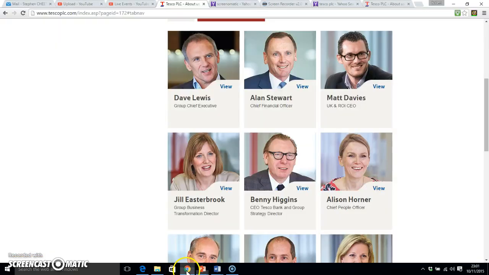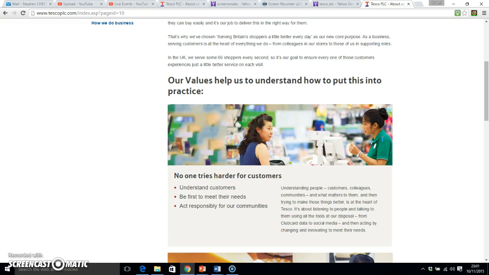Would they turn around to the fresh assistant and say, look, no one tries harder for our customers, make sure that that happens? Or would they actually say to their staff, look, what we need you to make sure of is on your aisle, on your stall, whatever it may be, you're part of the store, can you make sure that you respond to customer needs?